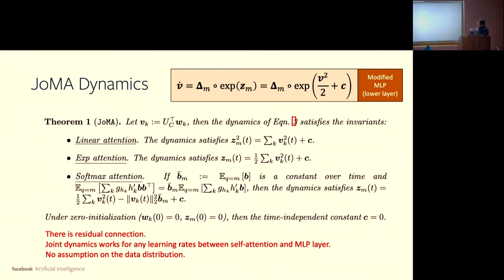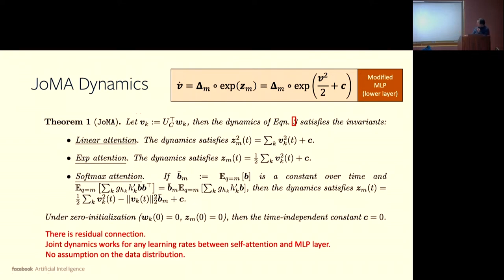So given these assumptions, we will see there's a joint dynamics between the lower layer of the MLP and also the self-attention layers. You can actually compute the self-attention from the magnitude of the lower layer weights.